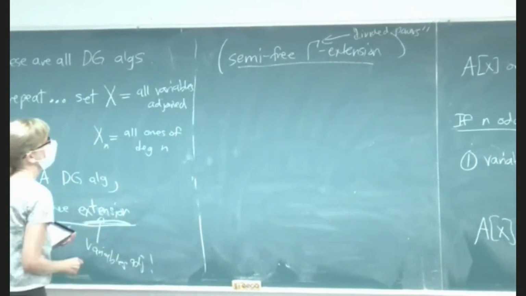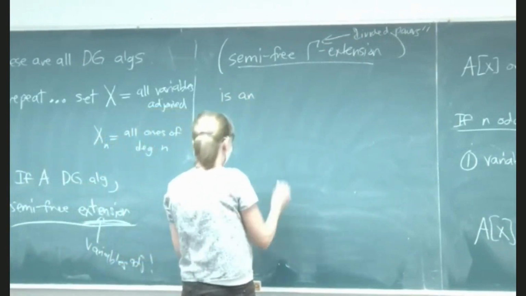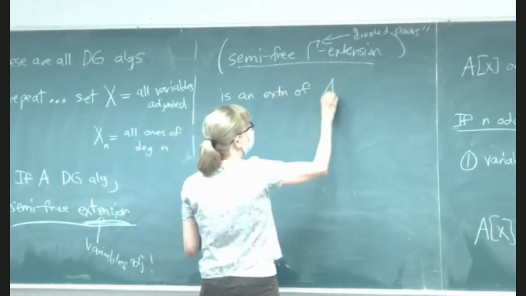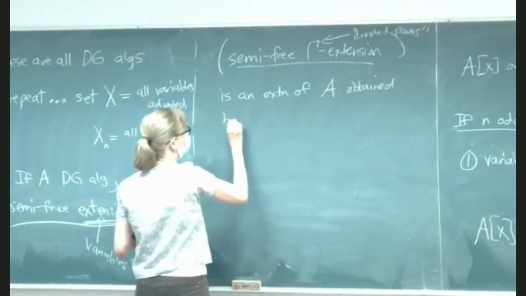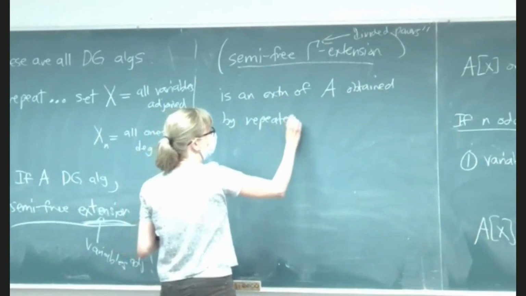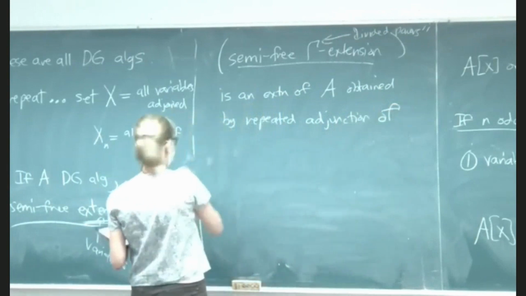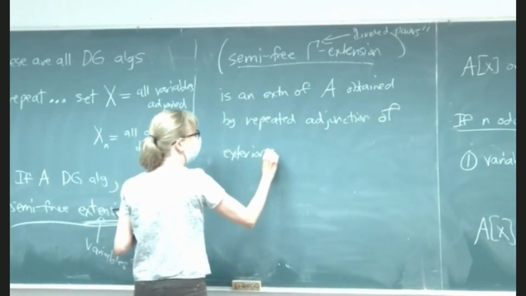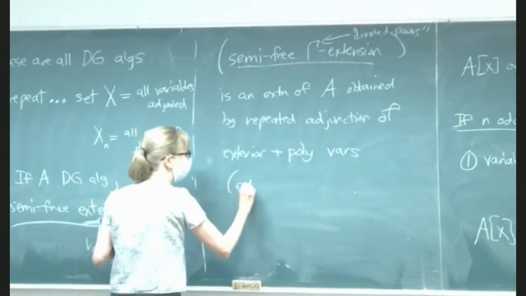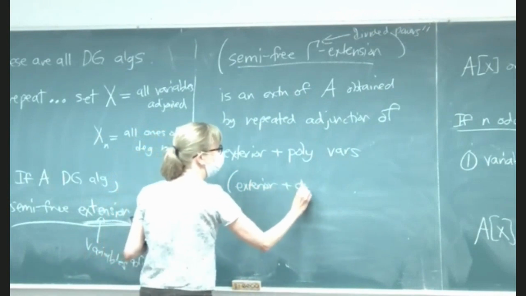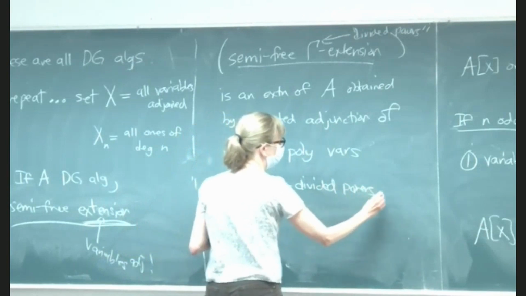Anyway, it is an extension of A obtained by repeated adjunction, in the first case, of exterior and polynomial variables, and in the parentheses, of exterior and divided power variables.